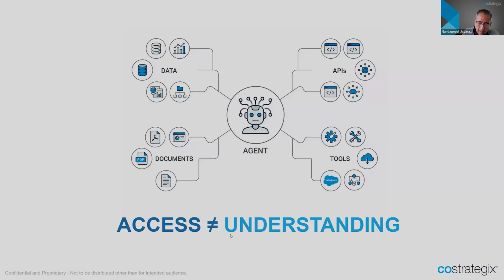But really, connectivity doesn't equate to business understanding. They are fundamentally different questions. What an agent can access, all of the data, all of the documents, is one part of the equation. The other part is, does it really understand? Those are the fundamental questions, and that's something that we'll tackle today.